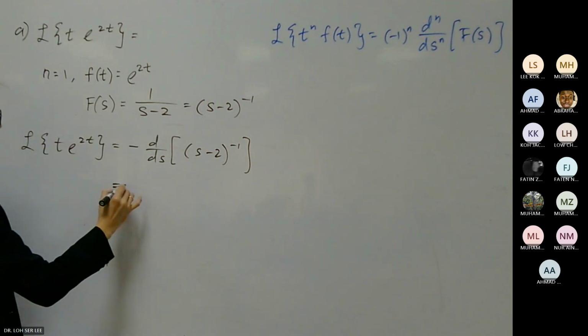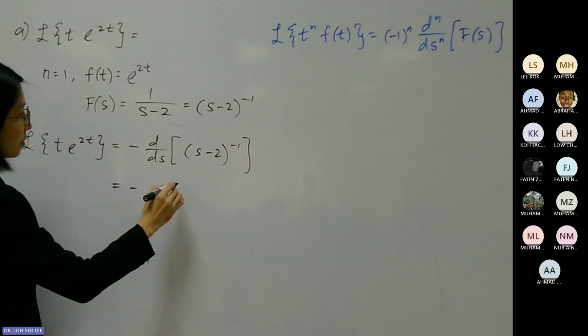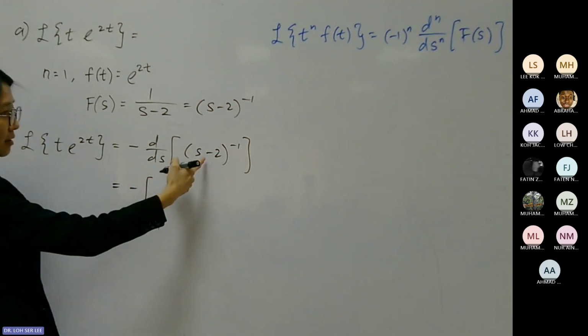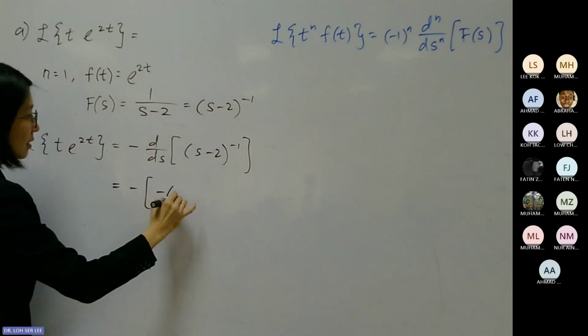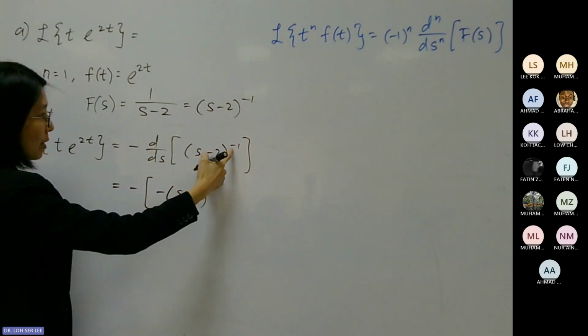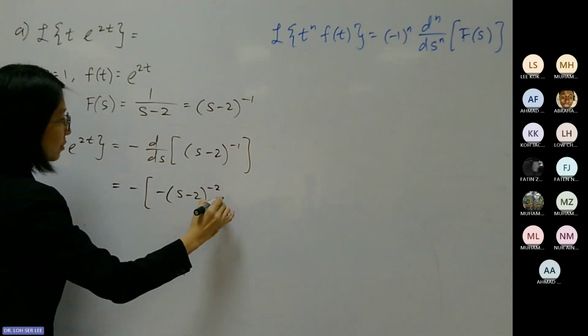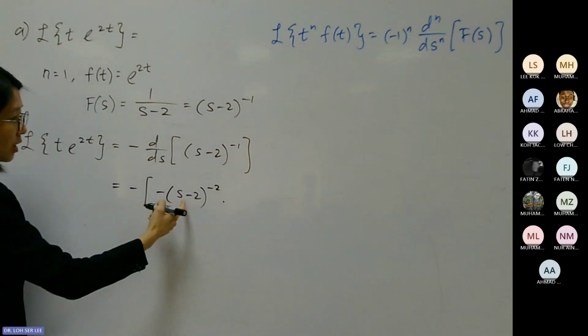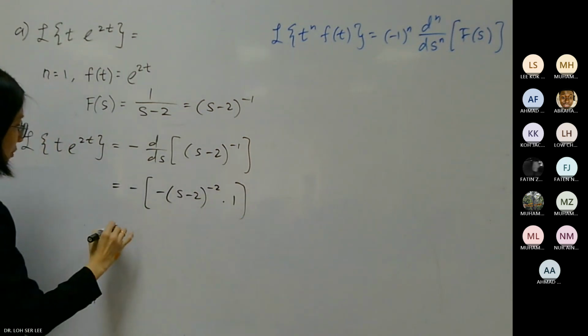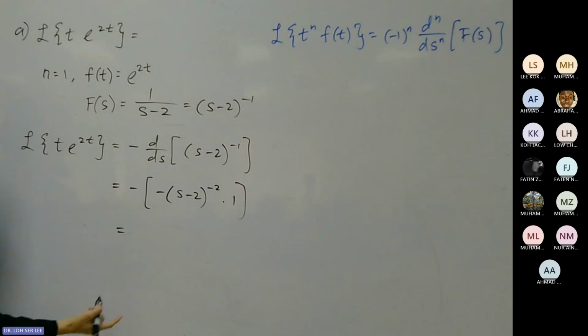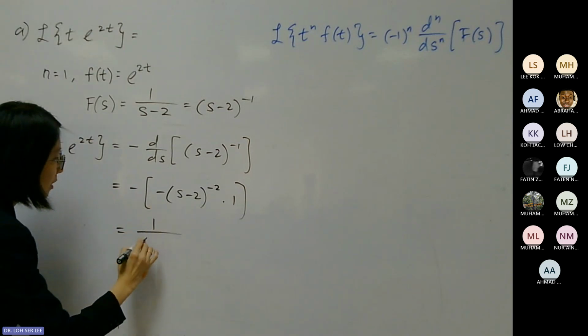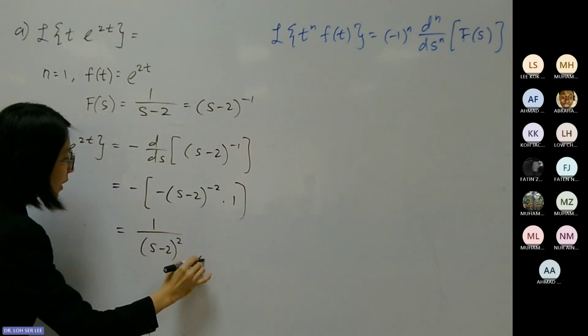So how to differentiate this? Negative 1, (s minus 2), this one minus 1 more, to the power of negative 2. Differentiate this one, you get 1. So minus minus, you get positive. And this one will be 1 over (s minus 2) squared.